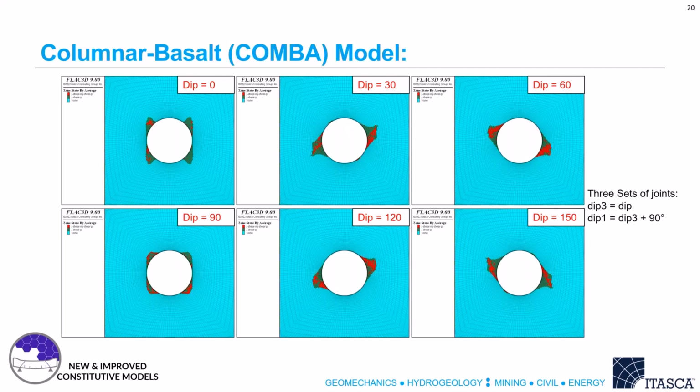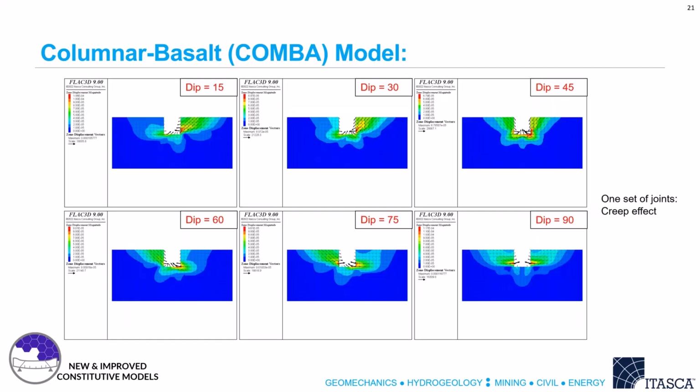So this example shows the effect of orientation of joints on the deformation of the tunnel. The next example is using this model for valley creep deformation. Just remember that this model can have a creep option along the weakness planes.